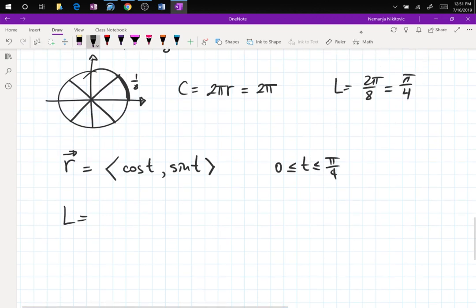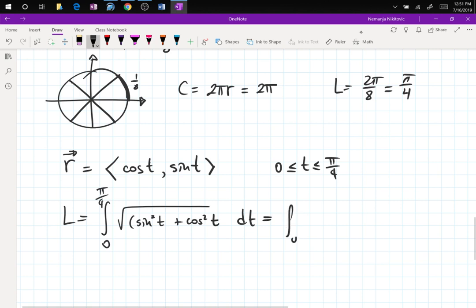Now the length of curve is going to be given as the integral from 0 to pi over 4 of a square root, and here is the derivative of the first one squared, so that's going to be your sine squared t plus cosine squared t dt. Sine squared plus cosine squared is 1. So you are just integrating dt, which is t calculated from 0 to pi over 4, is equal to pi over 4, and it's immediately clear why the length is what it is.